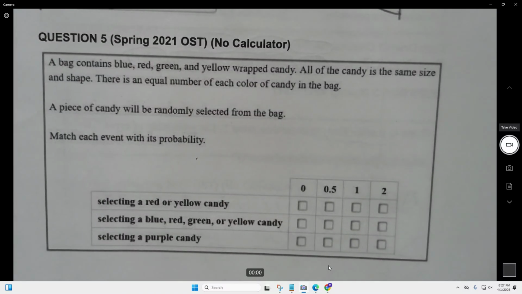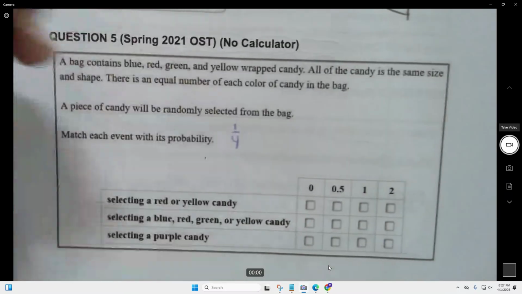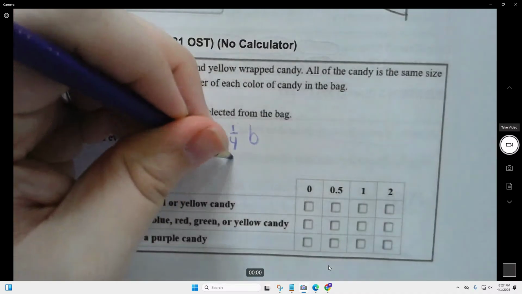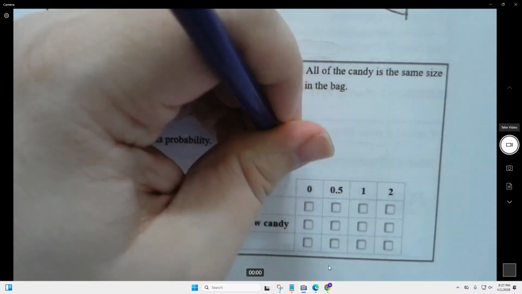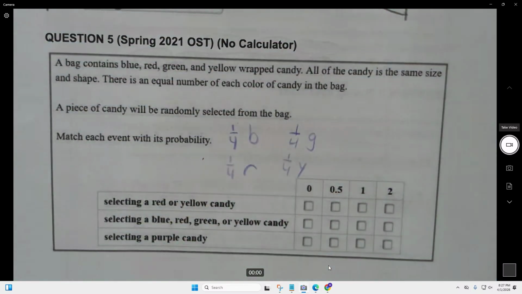Question 5. A bag contains blue, red, green, and yellow wrapped candy. That's 4 different colors. All the candy is the same size and shape. There is an equal number of each color of candy in the bag. So you have a 1/4 chance of getting blue, 1/4 of getting red, 1/4 of getting green, and 1/4 of getting yellow.